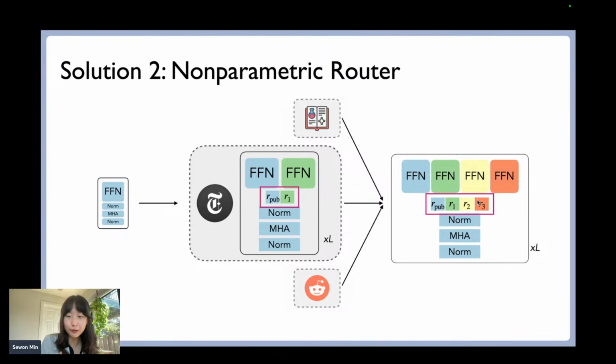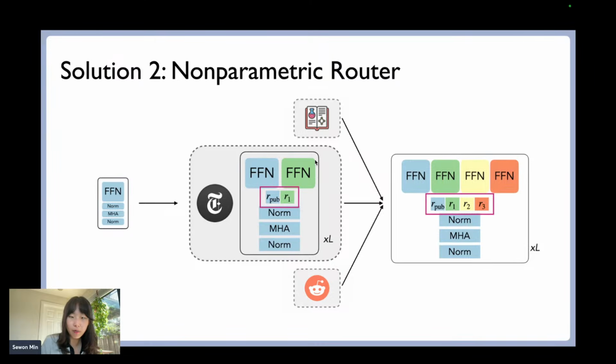Once you decompose it, each router embedding can be trained by each data owner separately. When the New York Times trains their own experts, they need to train a router, which is a two-way classifier with a 2 by H dimensional matrix. But in fact, this can be seen as 2 vectors, where one vector is responsible for the public expert, and the other is responsible for the new expert we are adding.